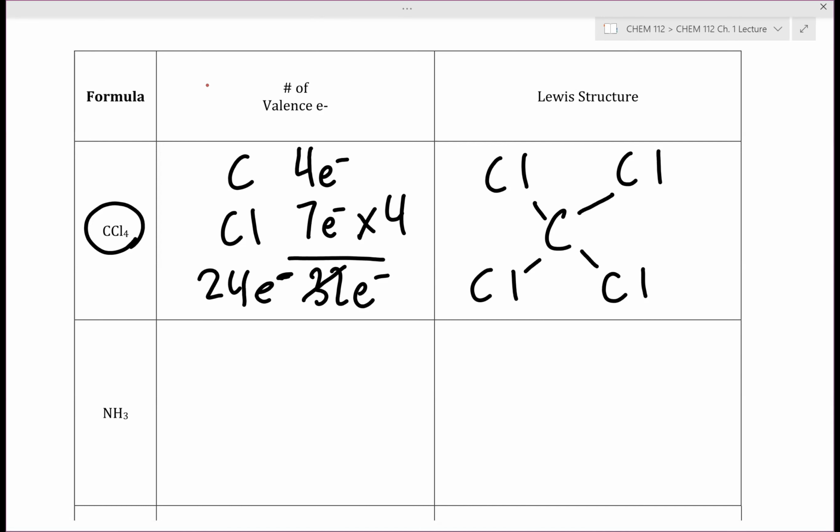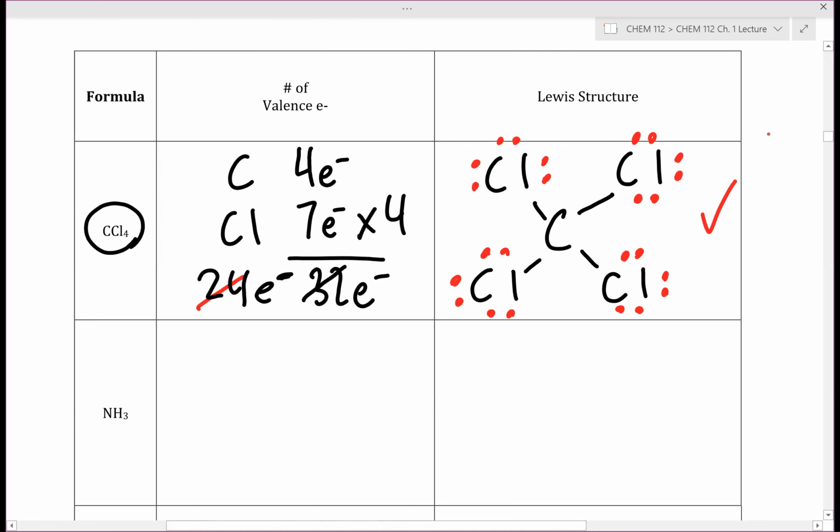Well, three sets of lone pairs, 6 electrons, however you want to look at it. 1, 2, 3, up to 24. And with that, we are out of electrons. This structure obeys the octet rule. We've used all of our electrons, so this is a complete Lewis structure.